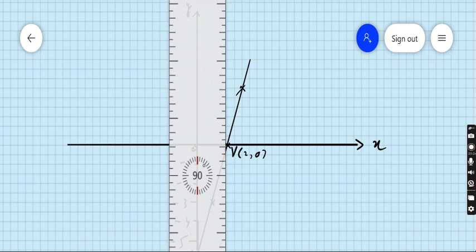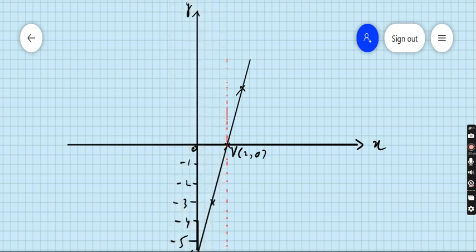A mirror line is a perpendicular line which should pass through the vertex. This is our mirror line.